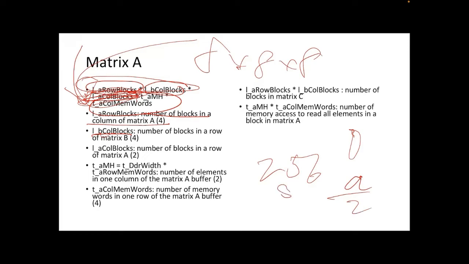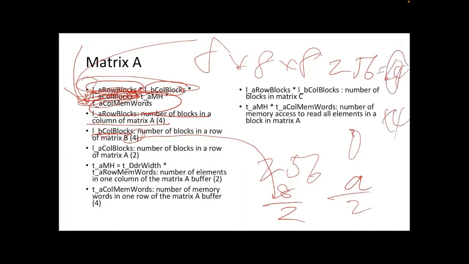Then it will be 8 over 2, so that's what we got here. So we need to read the whole matrix 4 times. That's why it's 256, because it is 64, which is the total matrix size, times 4. So we need to read the matrix the whole time.